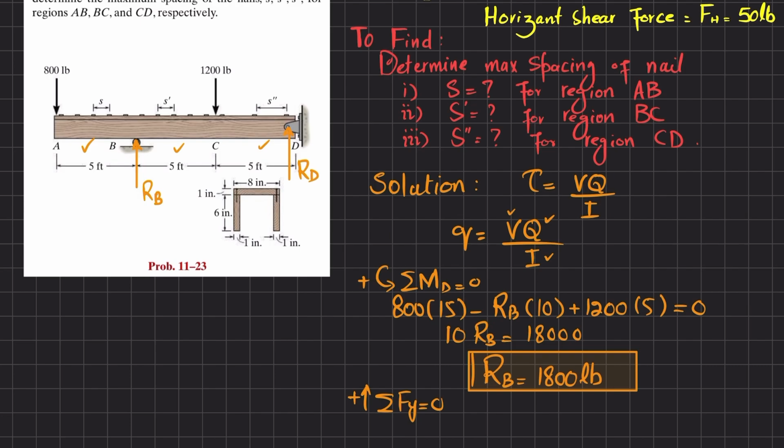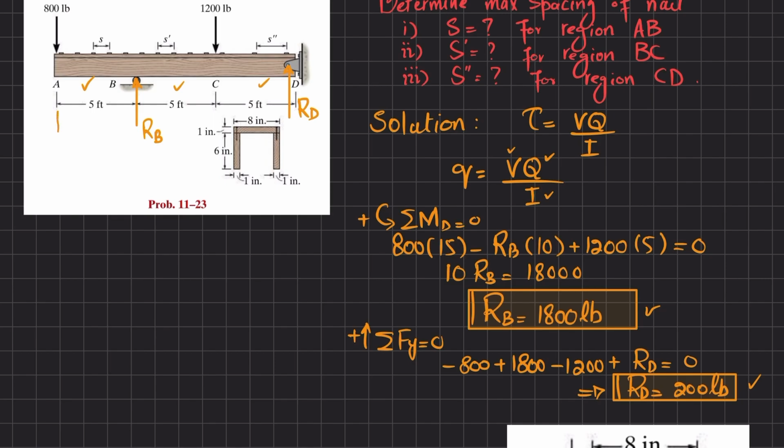I will write minus 800 plus RB, which is 1800, minus 1200 plus RD equals 0. From here you will get RD equal to 200 pounds. Now you have both RB and RD, so we will move toward drawing the shear force and bending moment diagrams.